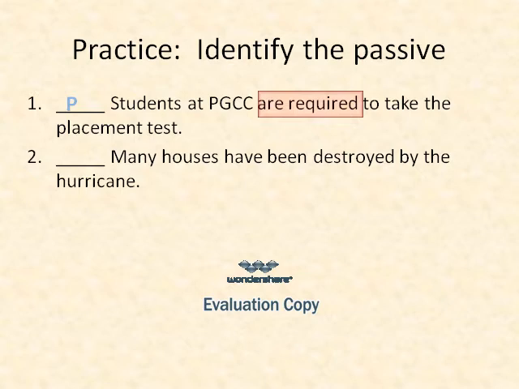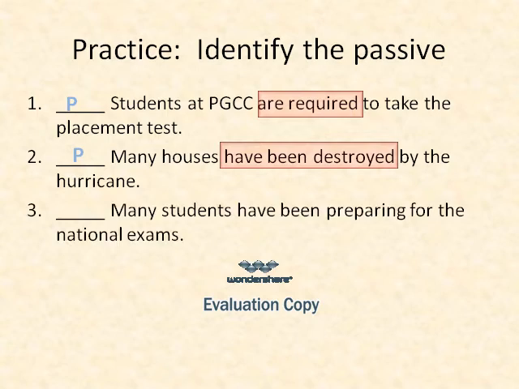Many houses have been destroyed by the hurricane. Have been destroyed. We have a form of be. What is the be form? Have been. So it's the present perfect form of be plus the past participle, destroyed. It's the passive voice. Many students have been preparing for the national exams. What's the verb?